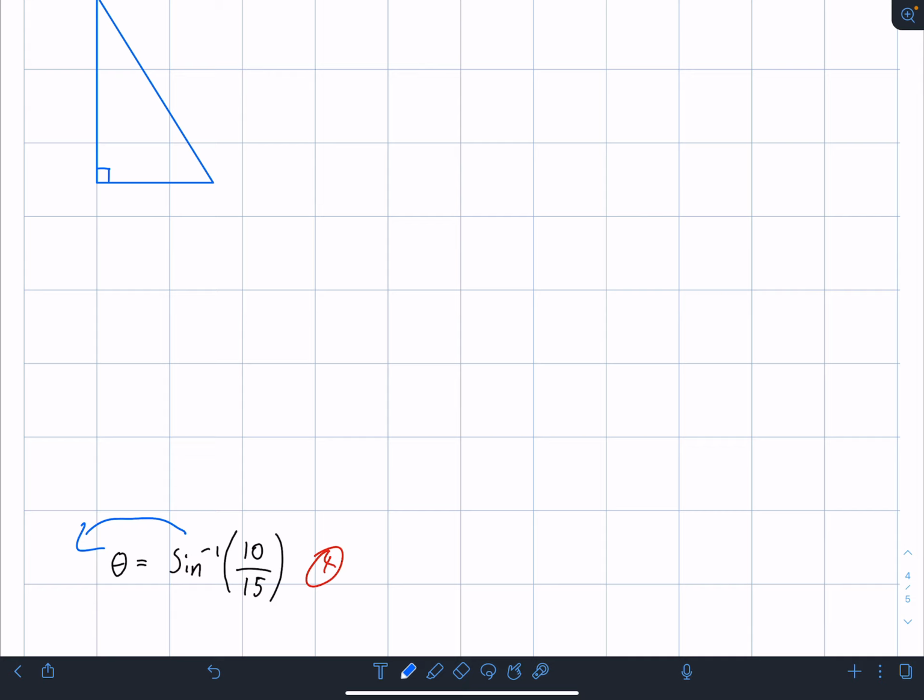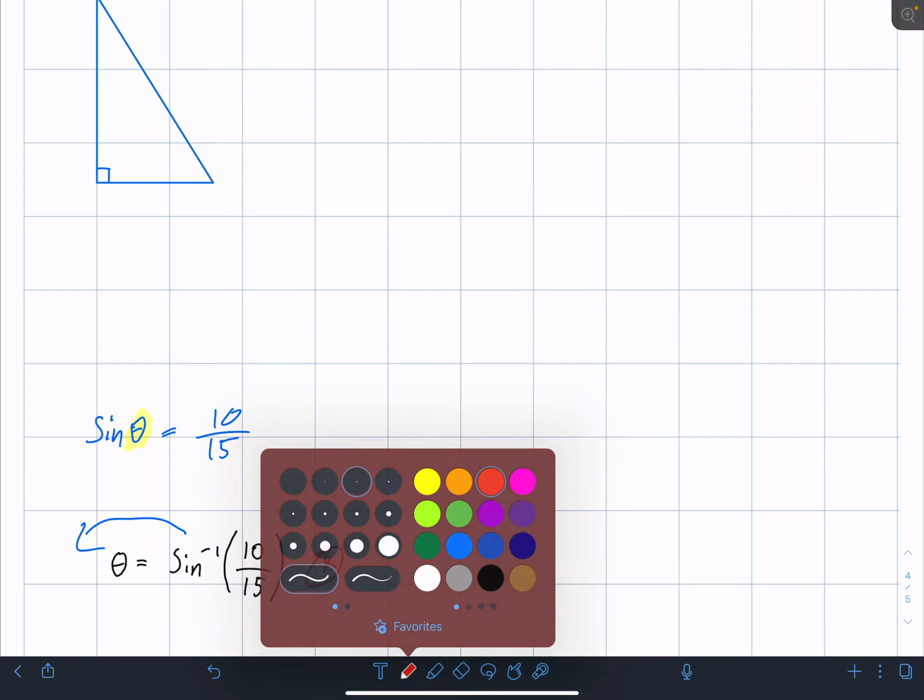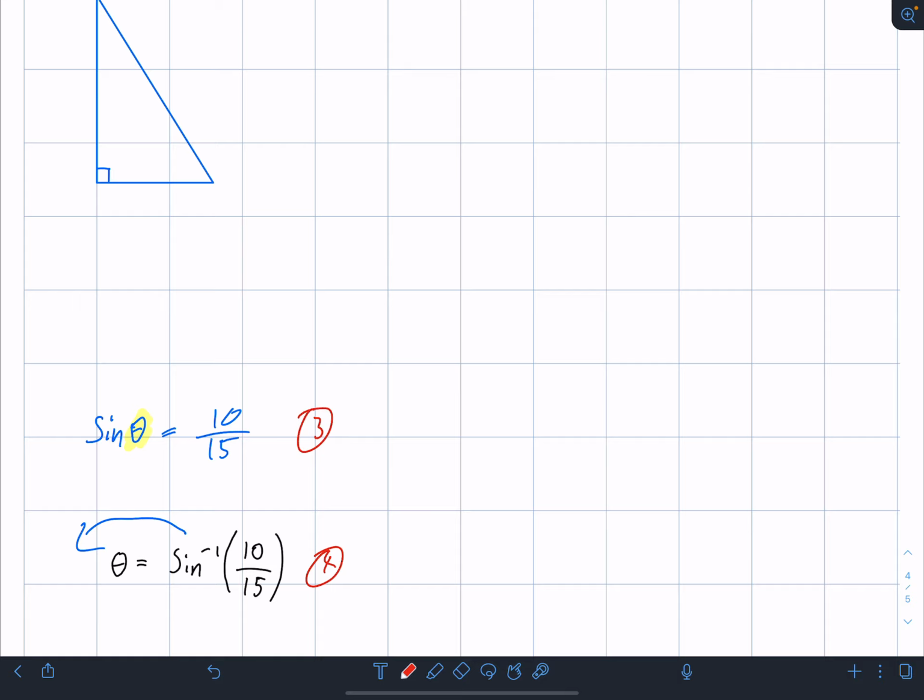So it will be sine theta equals 10 over 15. So with theta as the unknown, this is a level 3 question. And so step 3 is done.